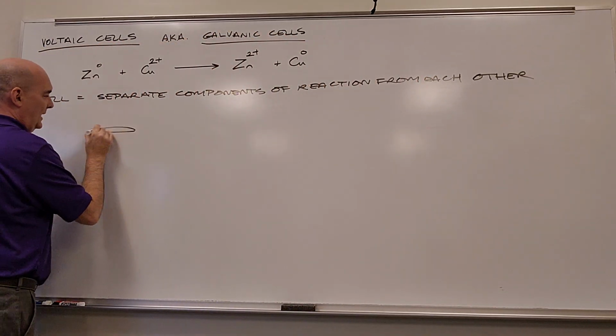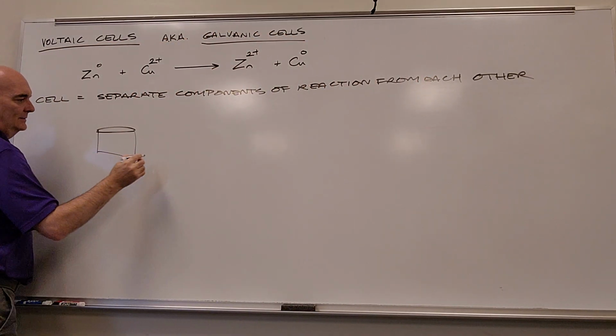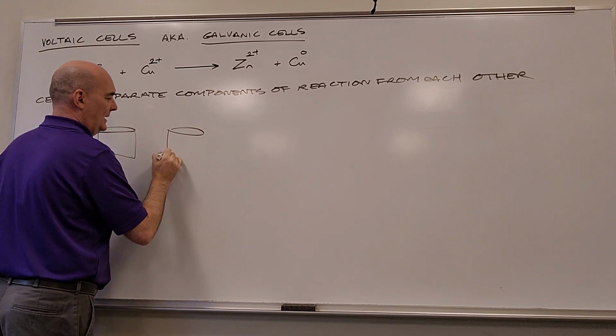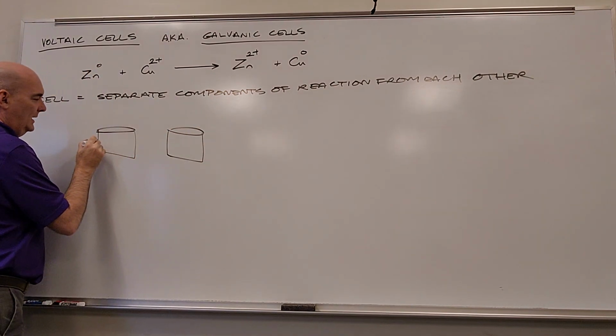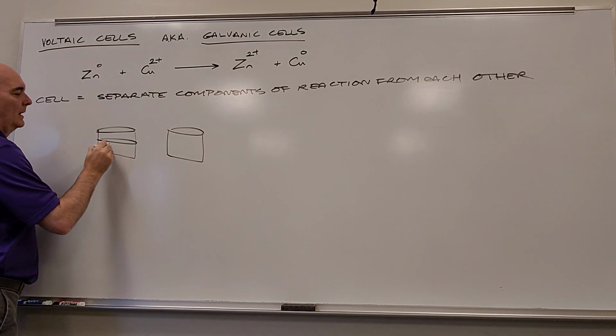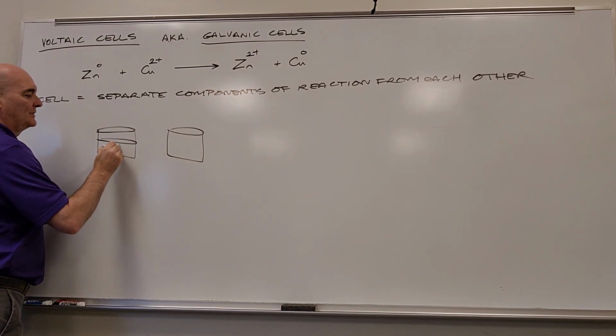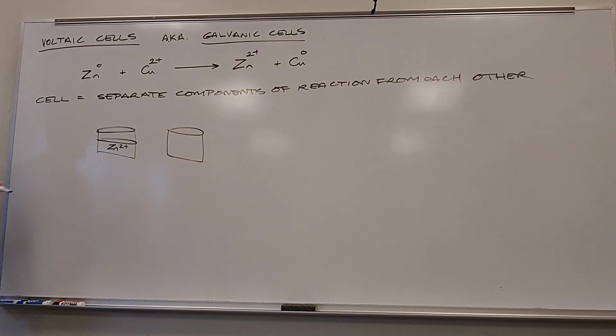So we would take a beaker or container and then another one and put them side by side, and into one of them I would put the zinc 2+ salts. How am I going to guarantee that the zinc goes into solution?